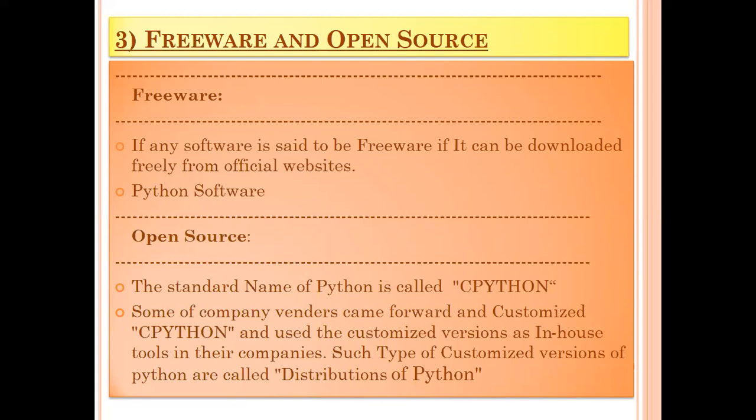So that is why it is a freeware source. Now let's talk about open source. The standard name of Python is CPython. Some company vendors came forward and customized CPython and used the customized version and in-house tools in their company. Such customized versions of Python are called distributions of Python.